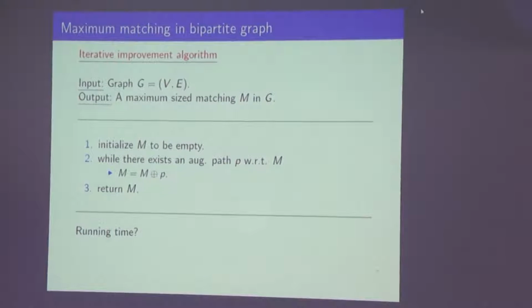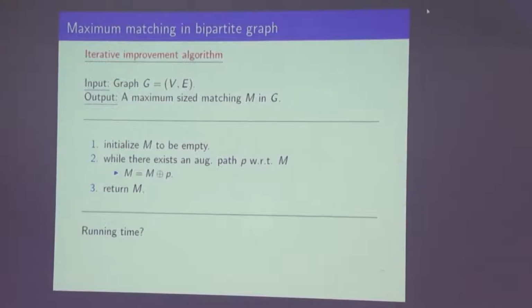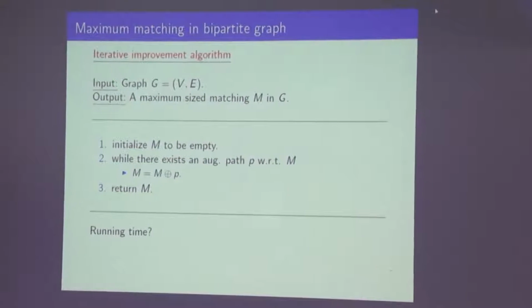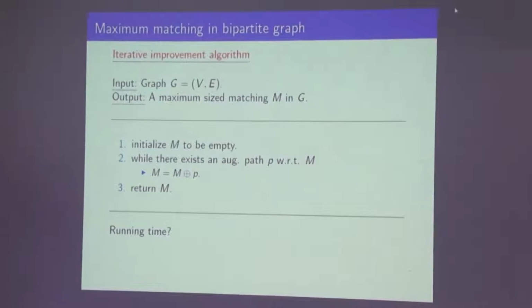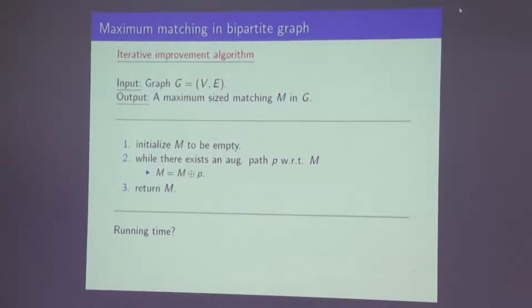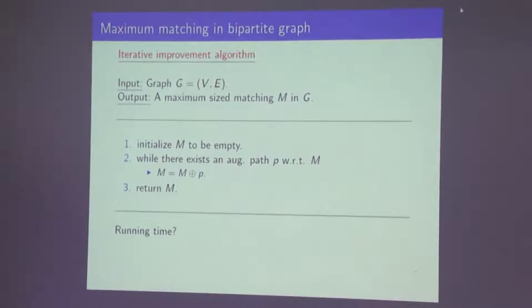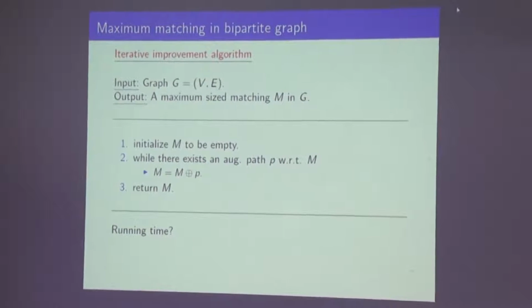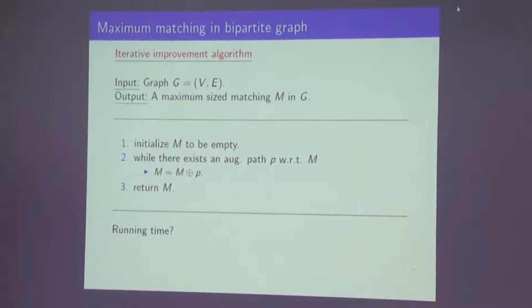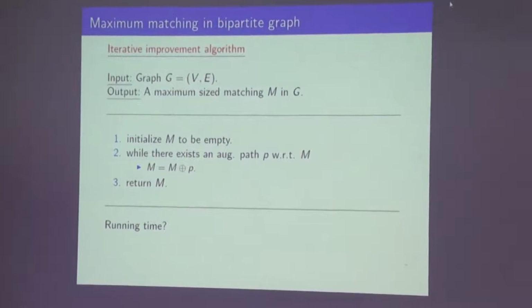And then how many iterations? One iteration takes linear time. How many iterations do you do? Suppose in one iteration you get an augmenting path, right? So you know that you have matched 2 vertices.